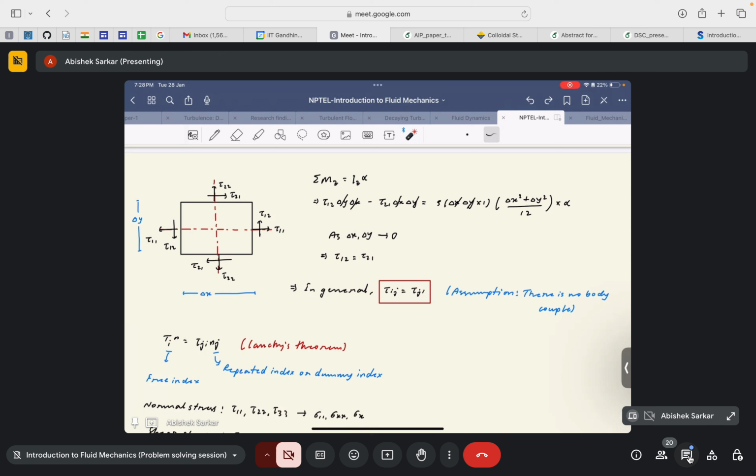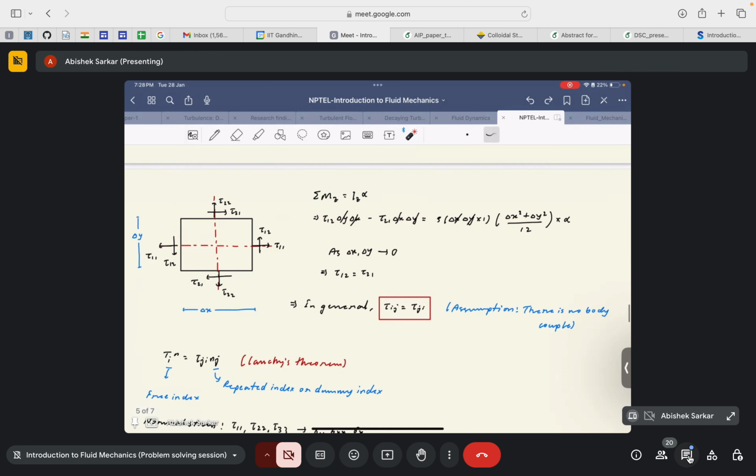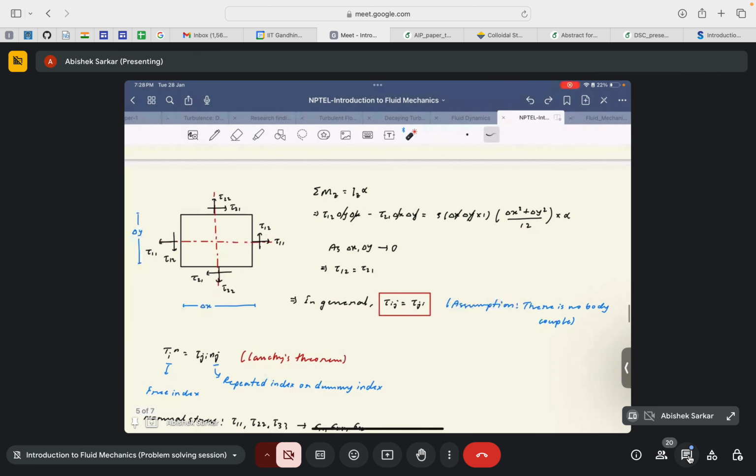So if we consider this as length delta x and this as delta y, then the moment with respect to the z-axis because of this stress tau 12, you can see that these two stresses create a couple that tries to rotate this element in the counterclockwise direction, and tau 21 tends to rotate this fluid element in the clockwise direction.